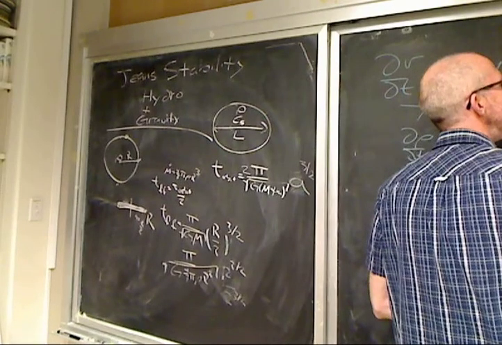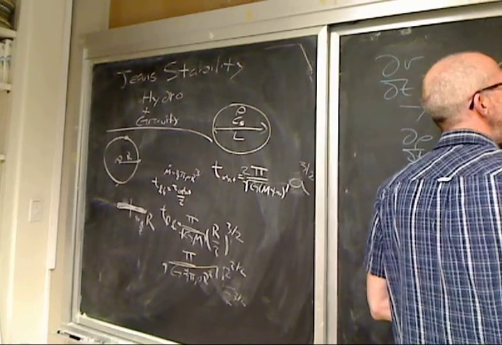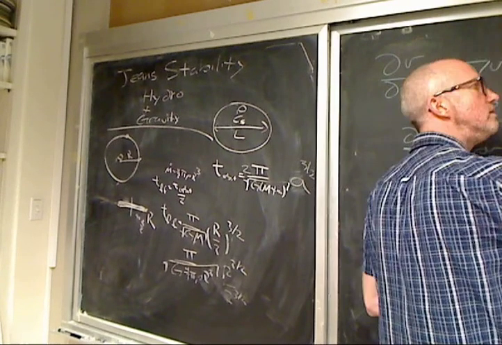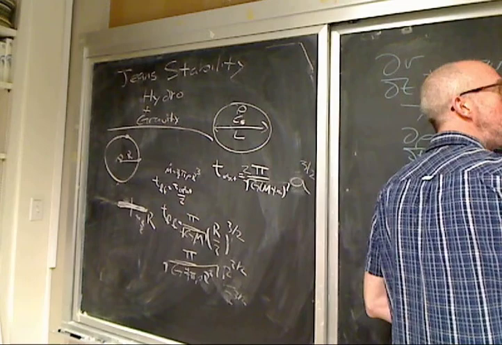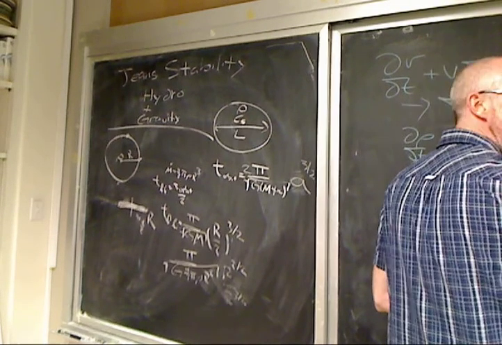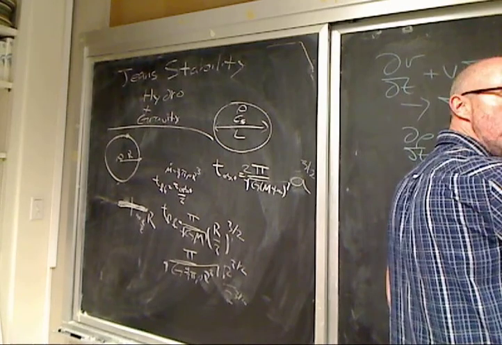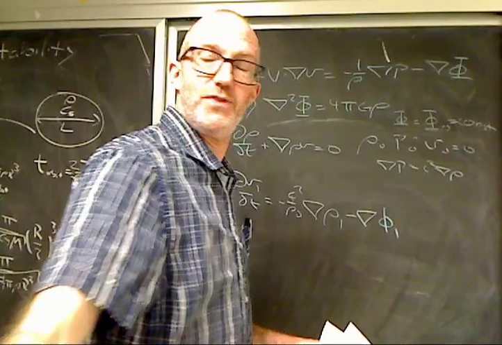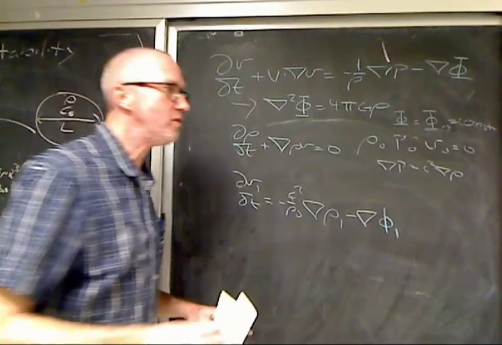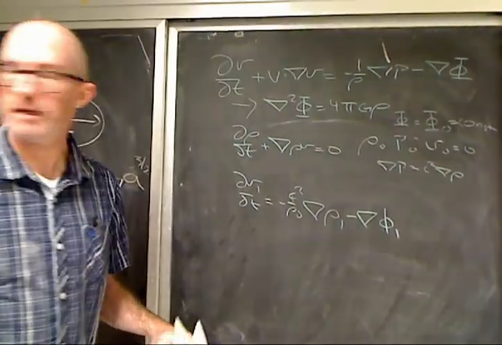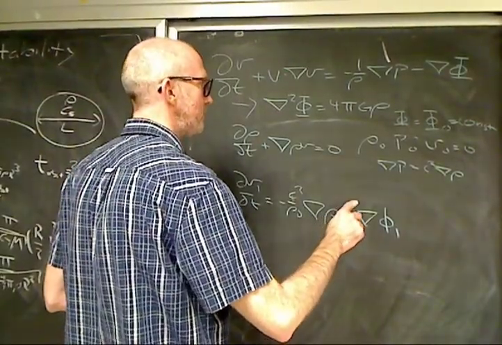Phi equals phi naught equals constant. This bit here that I forgot to say originally, and now I'm saying it, is called the Jeans swindle, because you're not allowed to actually do this. But we're going to do it anyway, because fixing it up is a headache. But you can fix it up and make it rigorous. I'm just not going to.